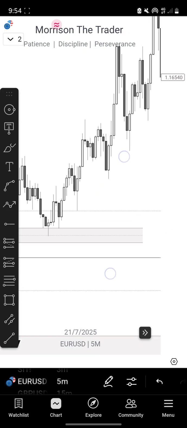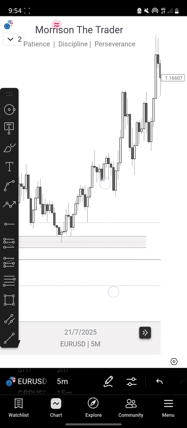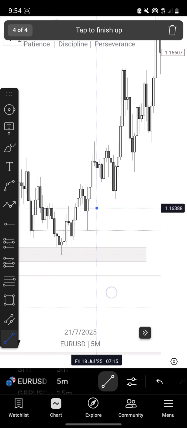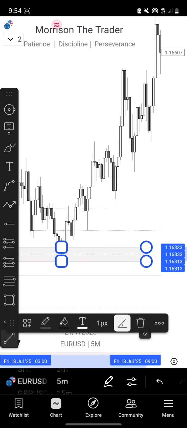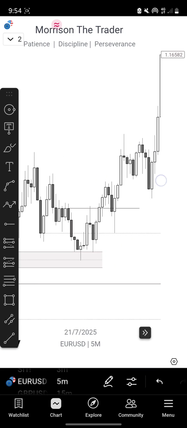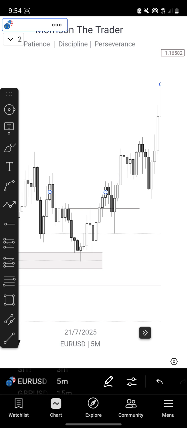So when you go into the 5-minute time frame, we have what? Another change in state of delivery right here. So this is the 1-hour fair value gap. Price tapped into that 1-hour fair value gap on the 5-minute time frame, changed the state of delivery.